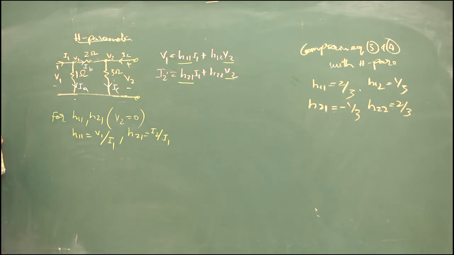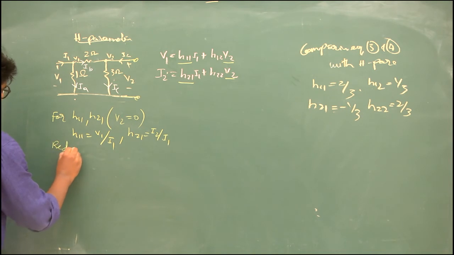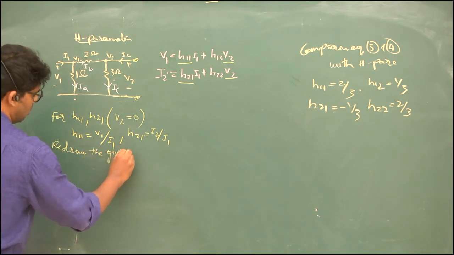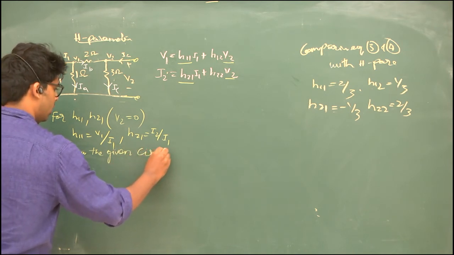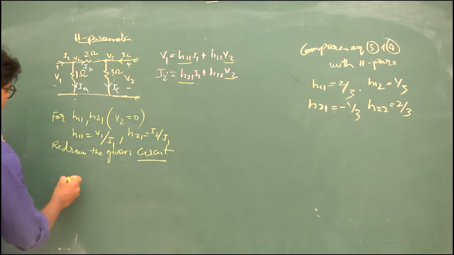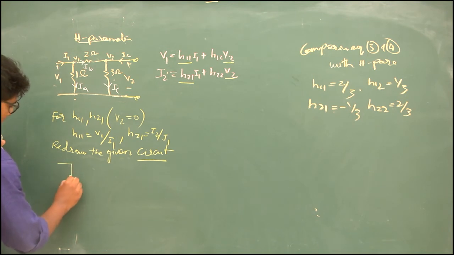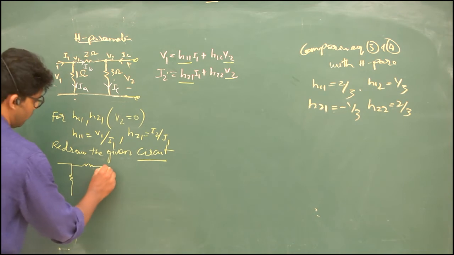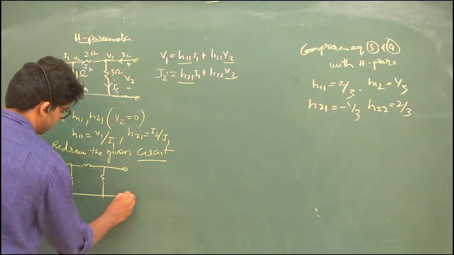Now redraw the circuit according to the assumption. Redraw the given circuit, what you get is, V2 is shorted.